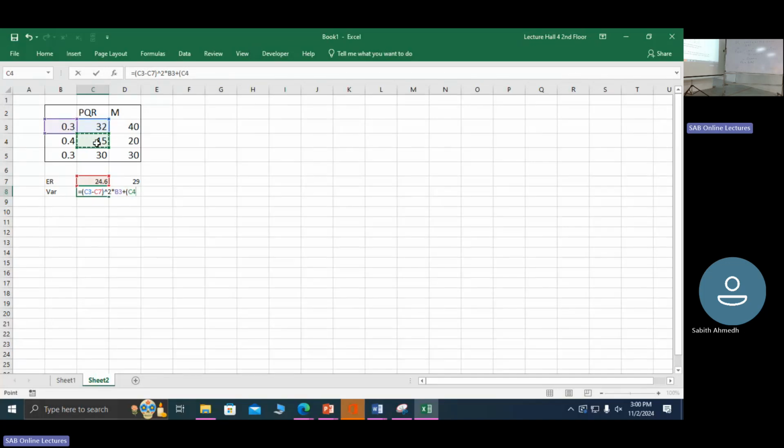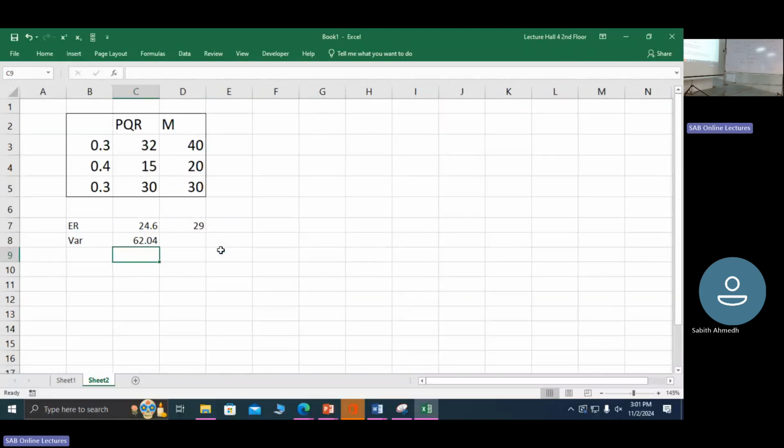Then calculate the variance also. Now you have written down these numbers, so I'm going to Excel so you can check my answers also.